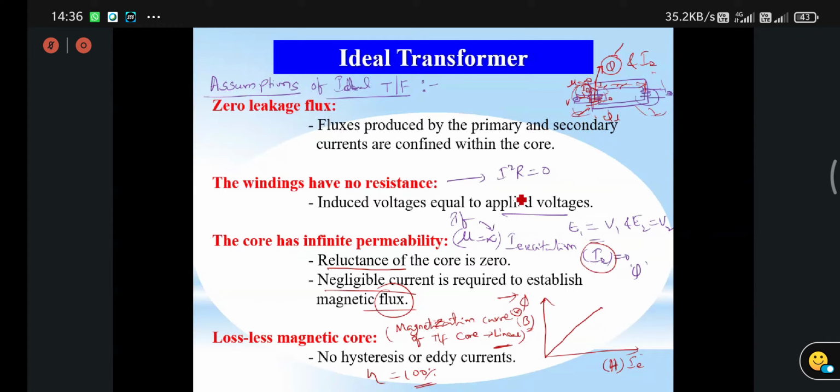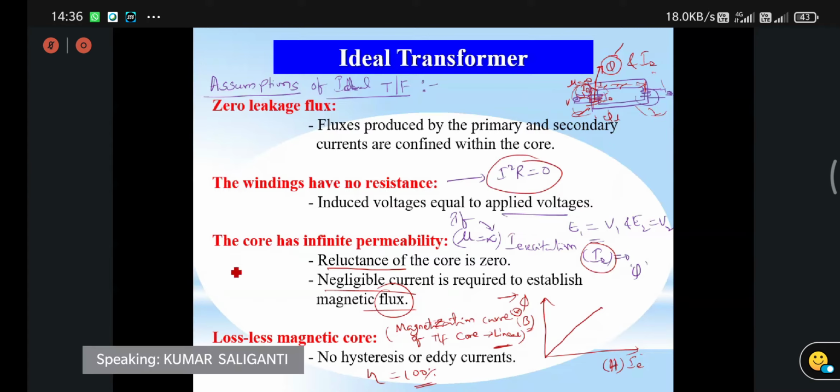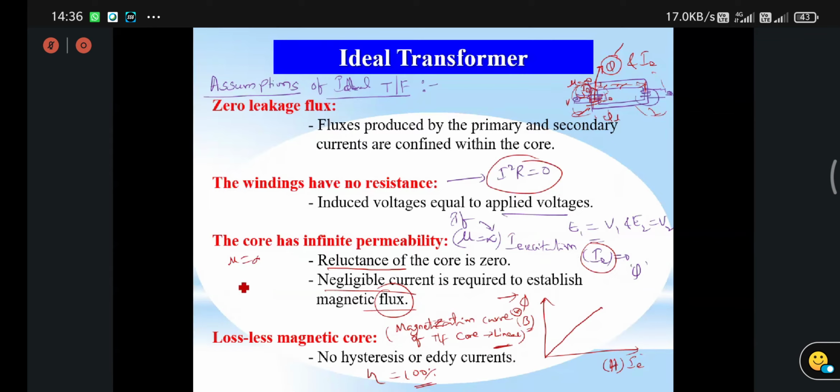Hence the transformer has no copper losses, and no core losses either, because the exciting current is zero. If the permeability is infinite, the iron losses in the transformer core, represented by Wi or Pi, are zero.